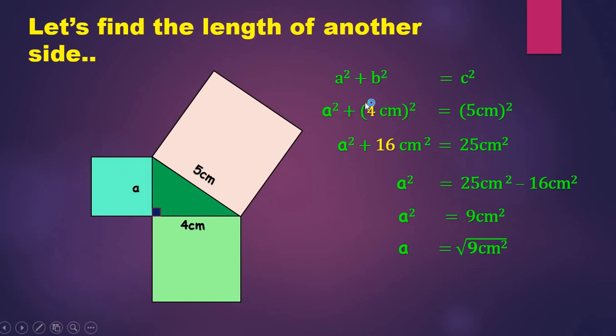We use the same equation and substitute the relevant values like this, then we come to this point where a square is equal to 9 square centimeters. So the answer is the square root of this. It is 3 centimeters.